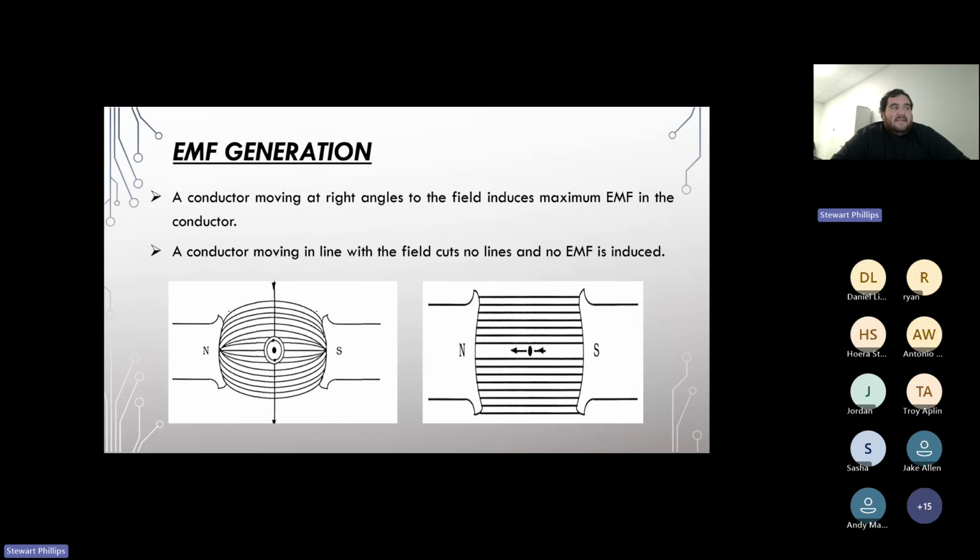This will become quite important later when we start talking about the AC sine wave, and the way it is produced and the way it goes through positive, negative, and zero volt points.